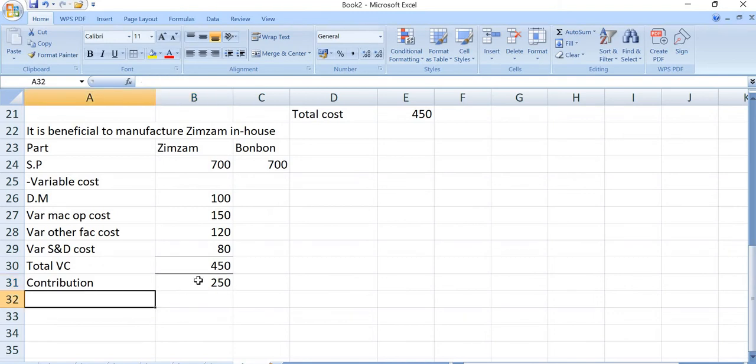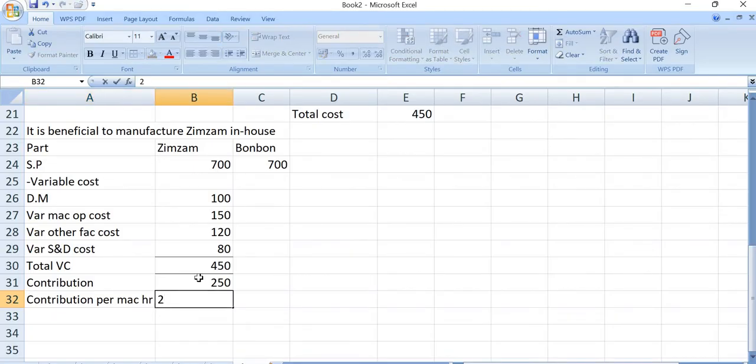What we require is contribution per machine hour; then only we can identify which one is best. So contribution divided by machine hours required per unit, that is 1.5, right? So 250 divided by 1.5, I will get 166.67.